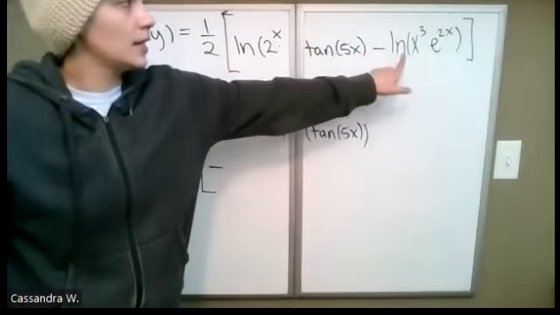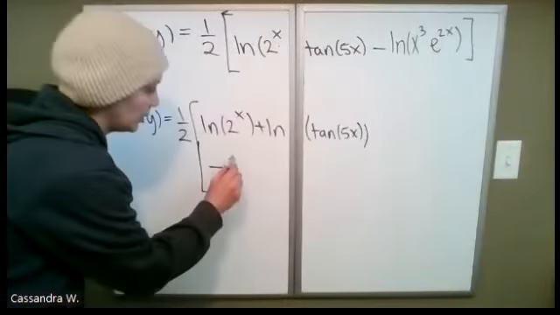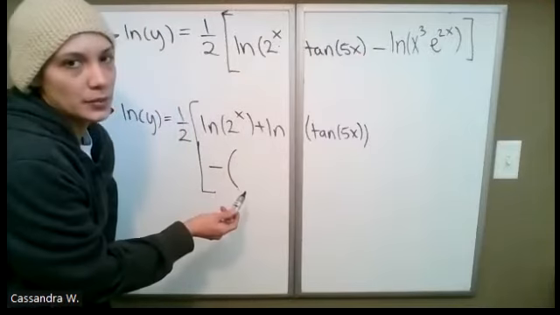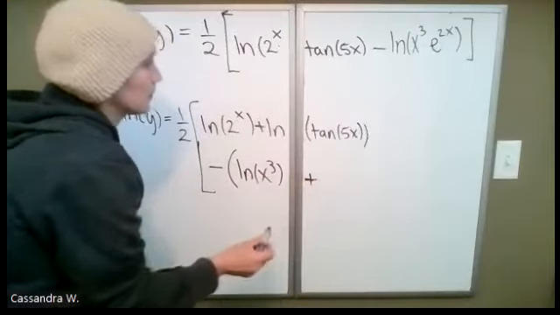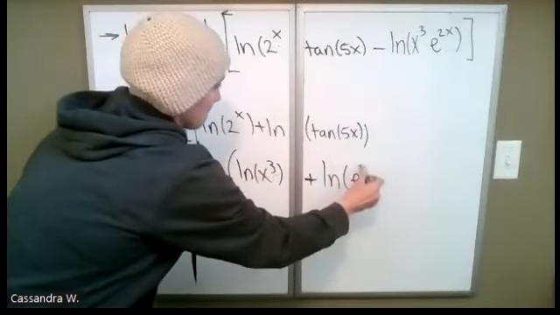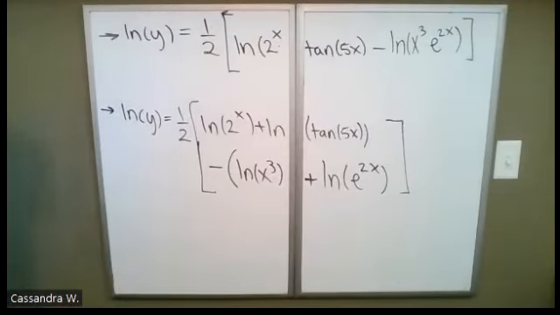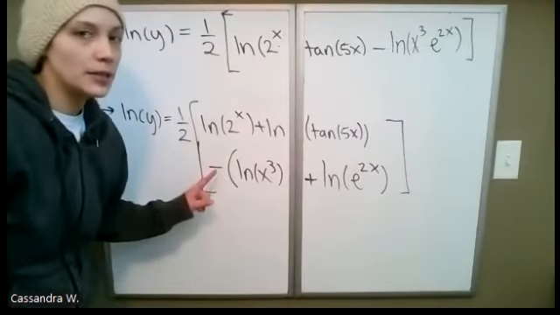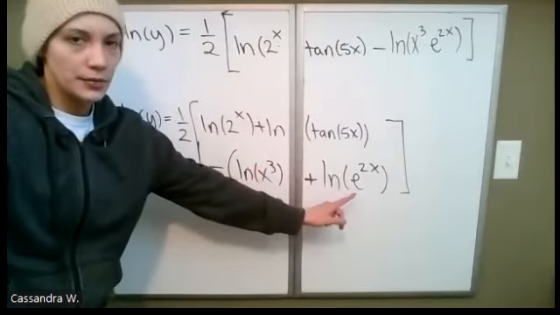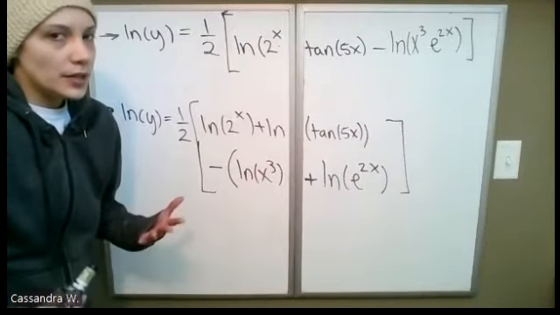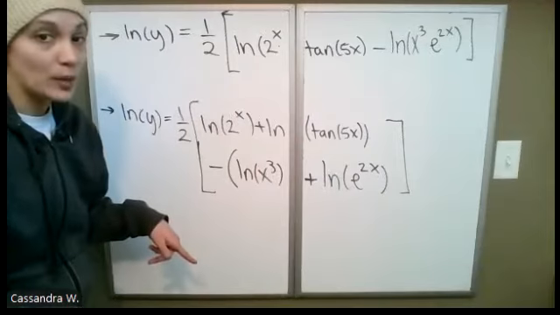Subtracting ln of x cubed plus ln of e to the power 2x. And you want to subtract all of that, so I'm going to put it in parentheses. Okay, and then we're going to distribute that negative sign. Also kind of simplify this part here for sure. And then we'll start to find the derivative, or we'll use implicit differentiation to get y prime.